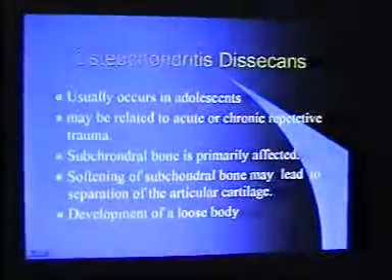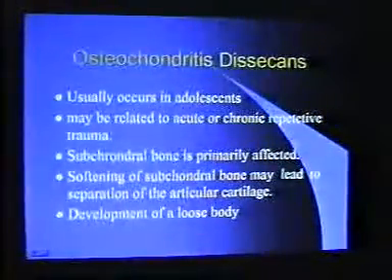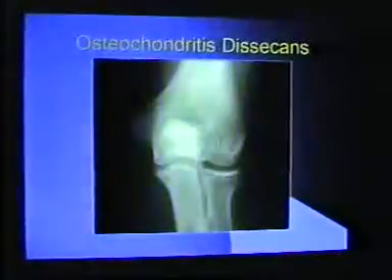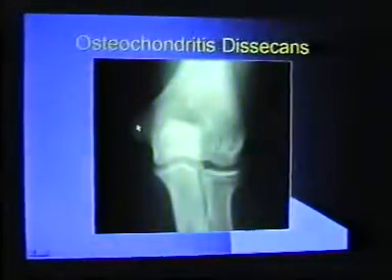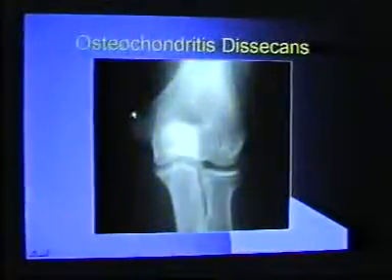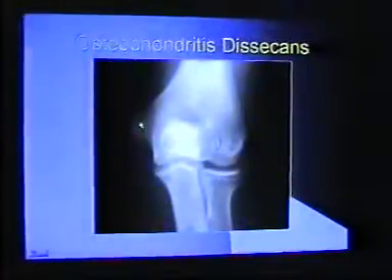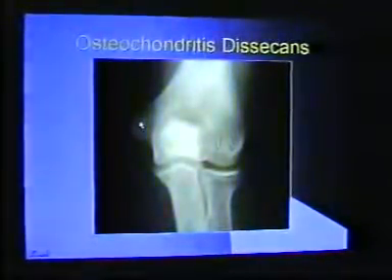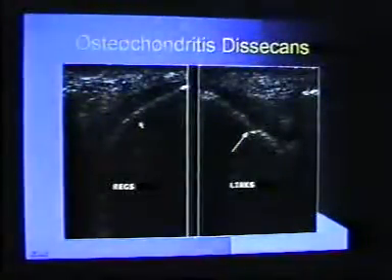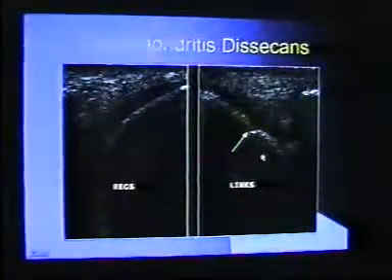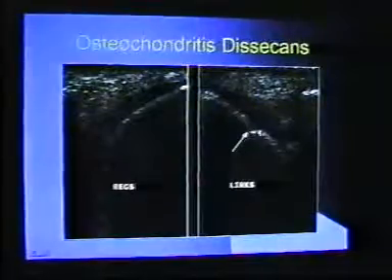Development of loose bodies is there due to osteochondritis dissecans. Here is a case of osteochondritis dissecans, and here we can see it on X-rays, which was confirmed on ultrasound. Here it is.